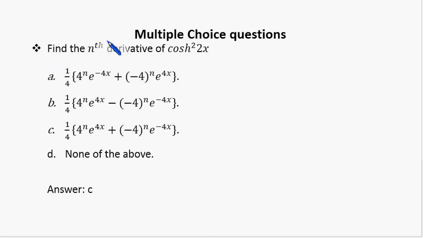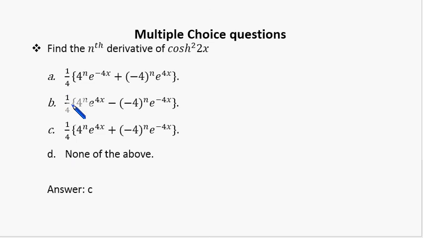Second one, find the nth order derivative of cos hyperbolic square of 2x. Option A, 1 by 4 into 4 to the power of n into e power minus 4x plus (minus 4) whole to the power of n into e power 4x.